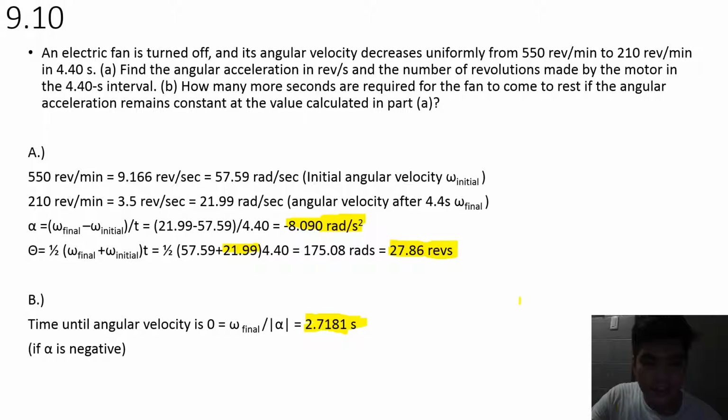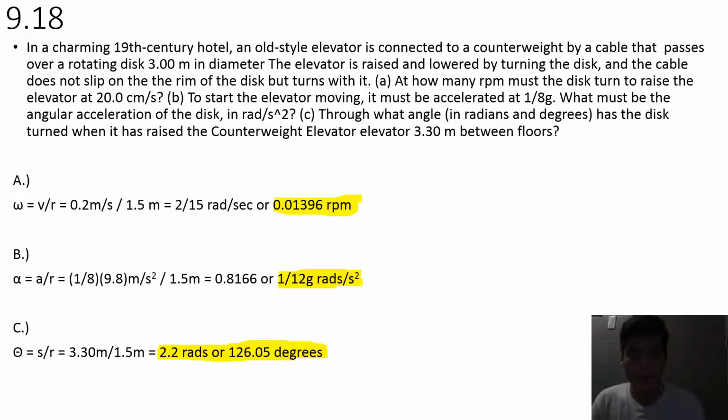So in order to get the time required until the angular velocity is 0, we have to take the final remaining angular velocity, which is 21.99, and divide it by the angular acceleration, which is negative 8.09 rads per second squared. Doing this, we will get the answer 2.71 seconds until the angular velocity of the fan is 0.